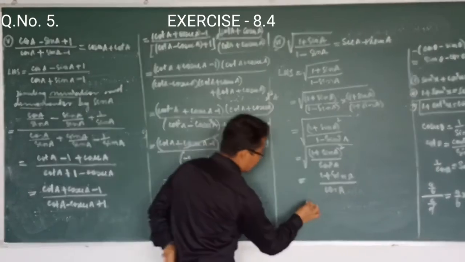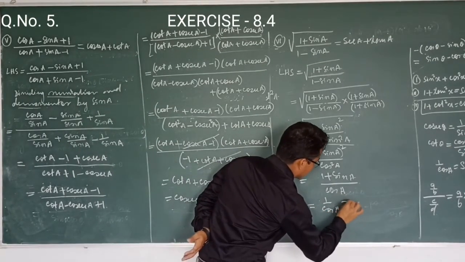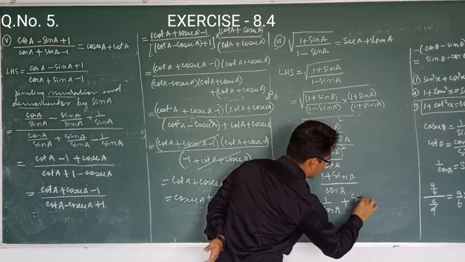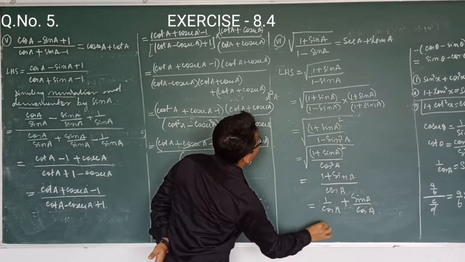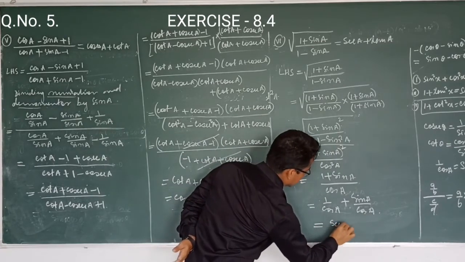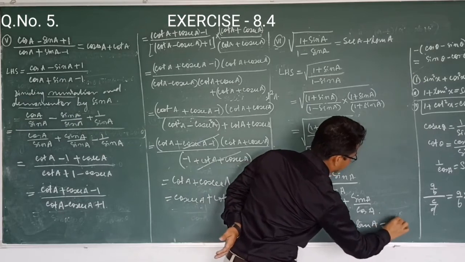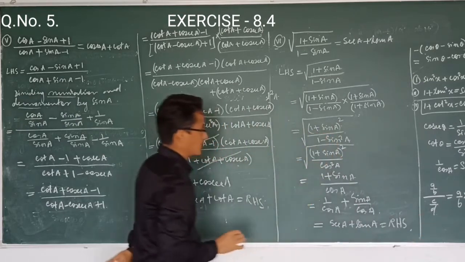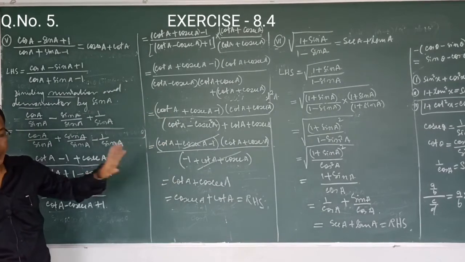So which is equal to, if you distribute cos A, 1 by cos A plus sin by cos, then we will get what? We will get sec A plus tan A, which is equal to our right hand side. Clear? This is question number 6 and this is our right hand side.